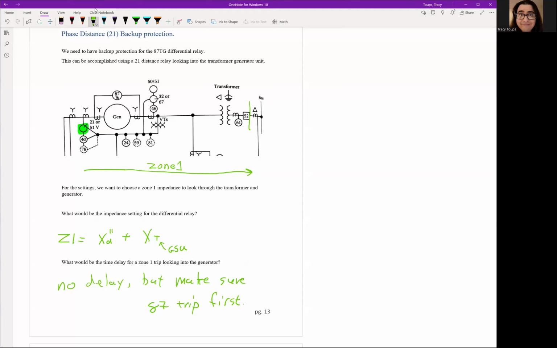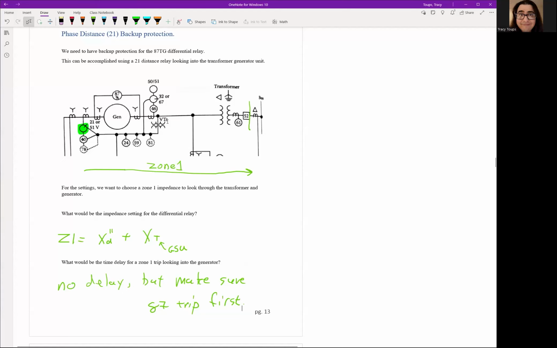But if you're not sure, it might be okay to put like a 10 or 20 millisecond delay in the 21 relay just to make sure that your 87 will operate. The one place I could think that this could happen is if you have mechanical relays on your differential, but then your 21 relay is a microprocessor based one, which is a little bit faster. So if you're mixing mechanical and microprocessor, you might want to put a small delay in the microprocessor to slow down to the speeds that the mechanical ones operate.